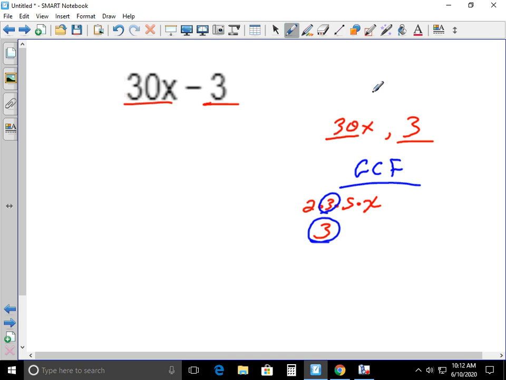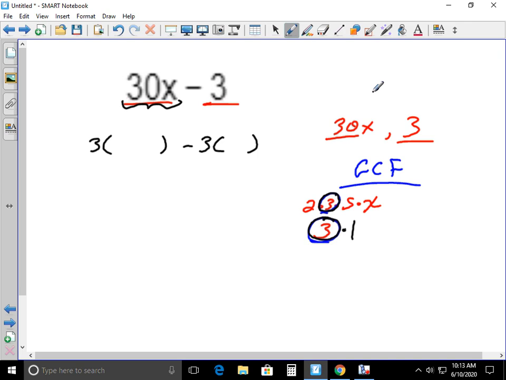Remember again, factors are things that are multiplied together. So what is something that multiplies to make 30 that also multiplies to make 3? We say that 3 is not multiplied times anything. Isn't 3 equal to 3 times 1? So the first term is 3 times something, and the second term is 3 times something. So 3 is a common factor. So what is the first term 3 times?